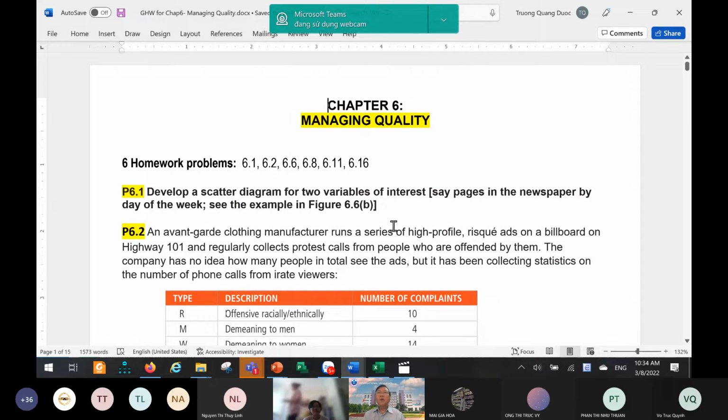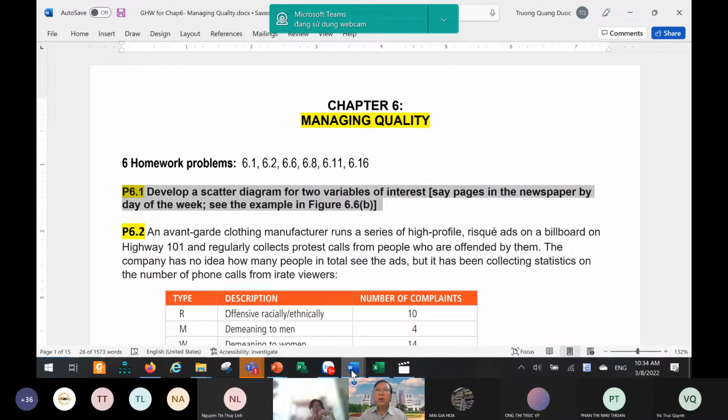Okay, we have 6 homework for chapter 6. Number 1, develop a scatter diagram for 2 variables of interest. So you can choose any variable you're interested in from the newspaper and look at the example in the figure. So you have reference and you choose any two variables for drawing the scatter diagram.